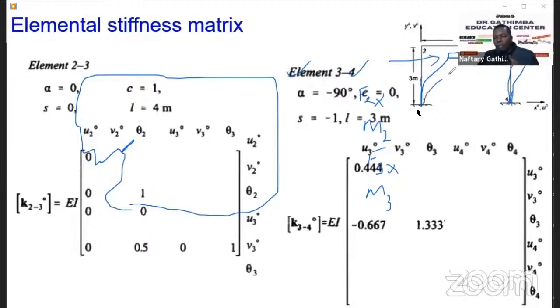The structure may deform further, but the length of the member itself will not change if our assumption still holds, that the axial rigidity or axial stiffness is very high. The structure will continue to deform, but the member will not elongate.